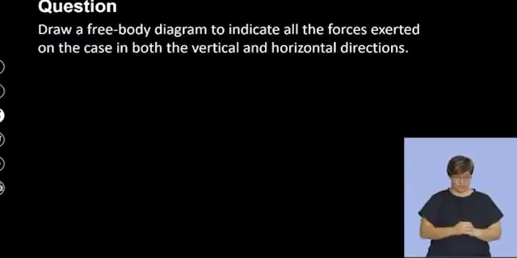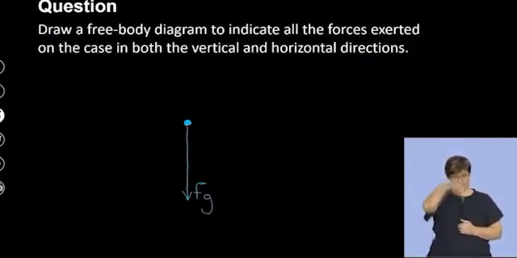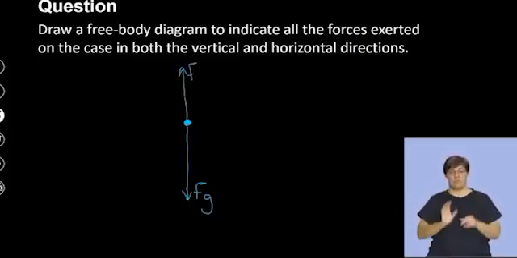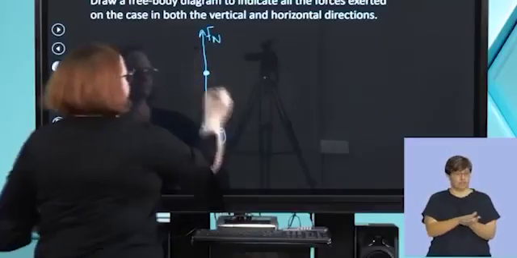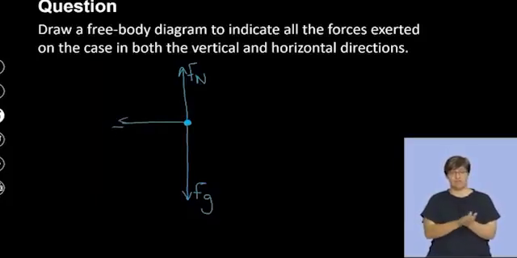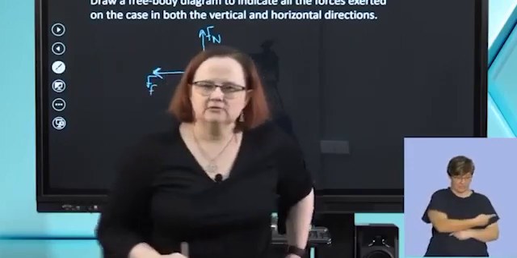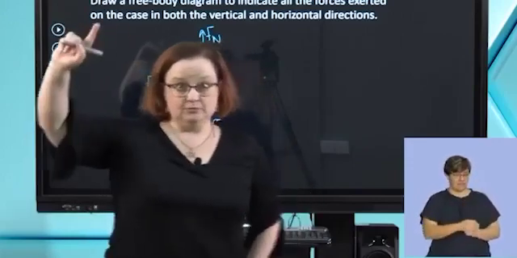So let's start with the easy ones. First of all, we have the dot. It's going to be FG, vertically down, because there's gravity. There's going to be the normal force. That's easy. There's friction. Friction is going to oppose her motion. Now we've got to think about the force that she was pulling it at.